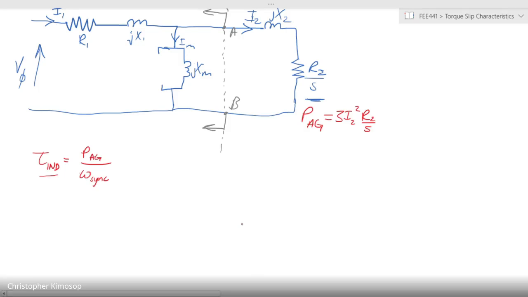It's not yet converted, but it is available. It has crossed over from the stator to the rotor. Similarly, we know synchronous speed because that is directly proportional to the frequency of the voltage supply. So if we know air gap power, we will be able to know induced torque, and probably the mechanical torque.